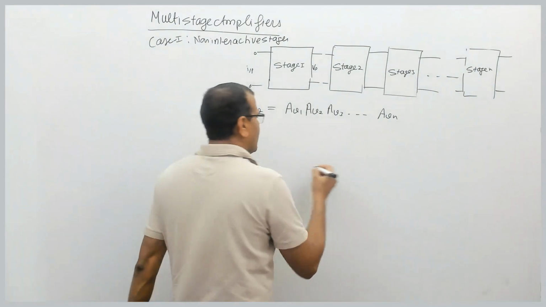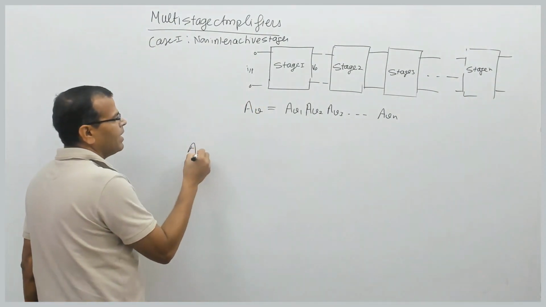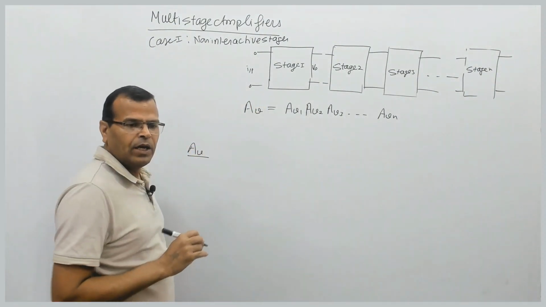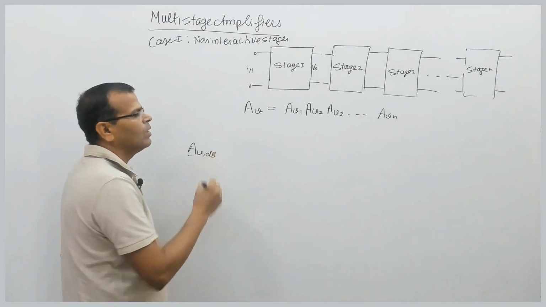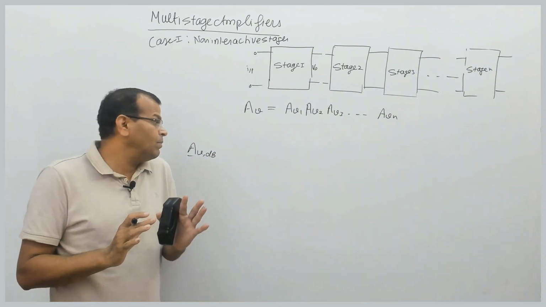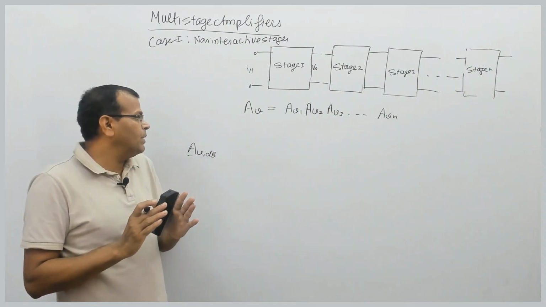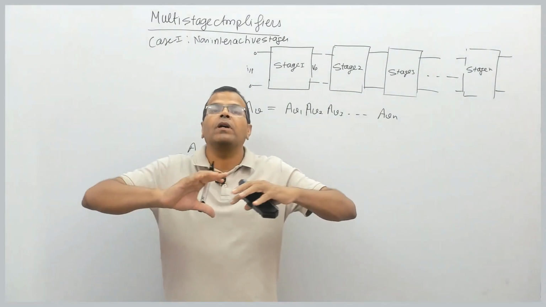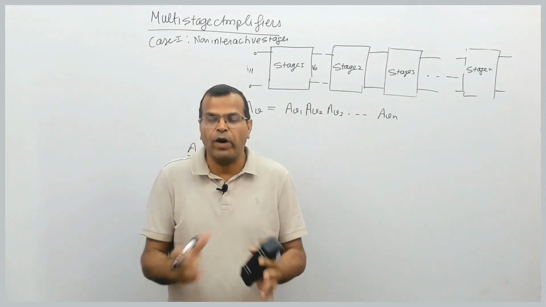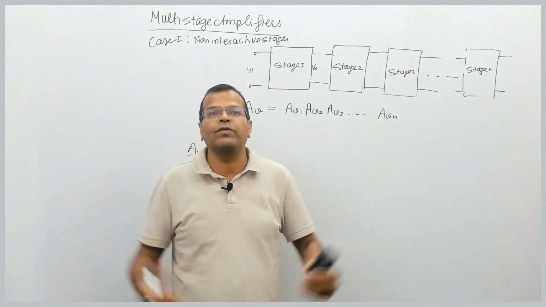Suppose you have gain AV. That is the simple gain. You can represent this in decibels also. Decibels basically cover a wider range of values of the gain.